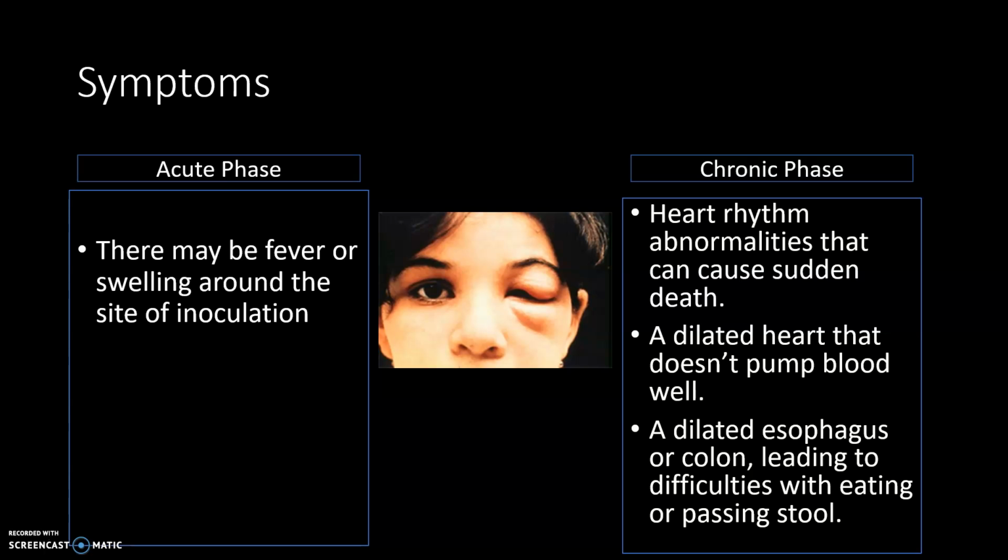The symptoms are heart rhythm abnormalities, a dilated heart that doesn't pump blood well, and a dilated esophagus or colon.